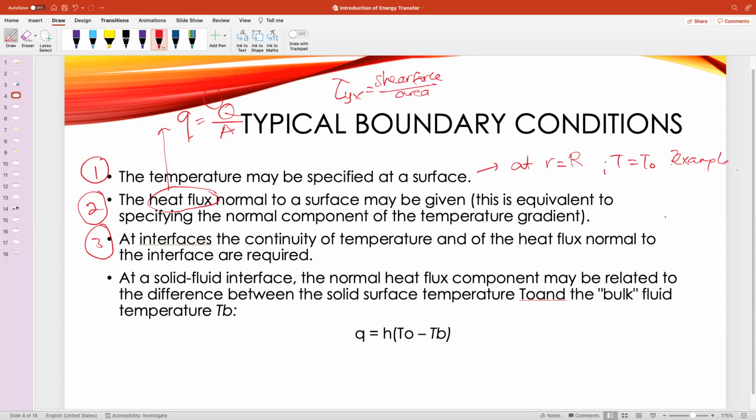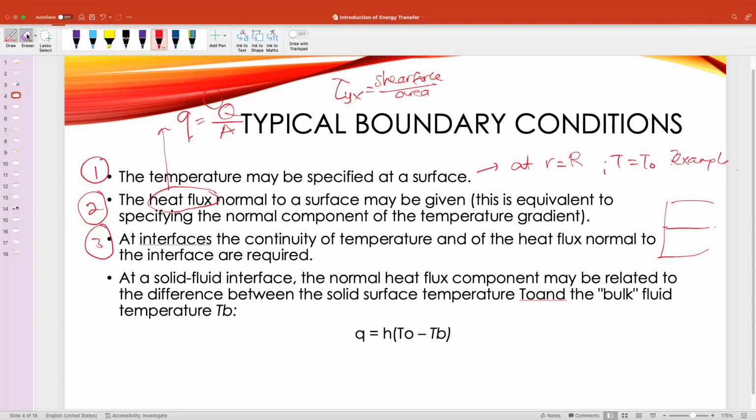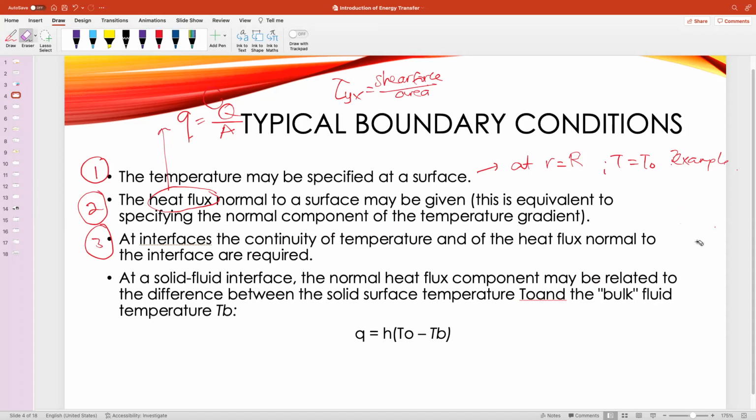For example, if you have two different materials, this is material 1 and this is material 2, then the temperature profile and the heat flux normal to the interface should be continuous.